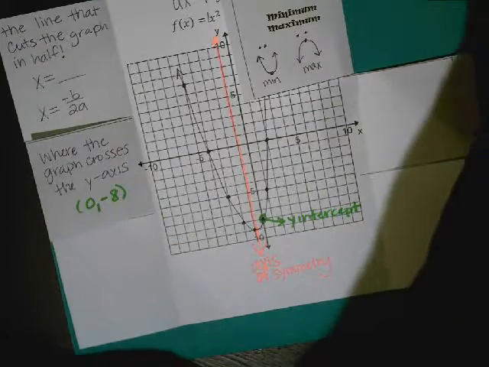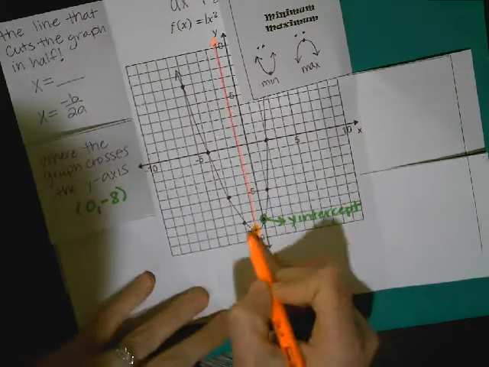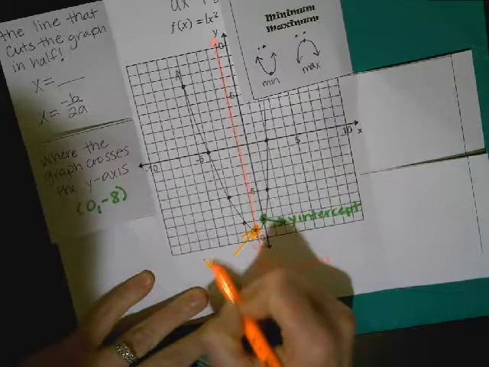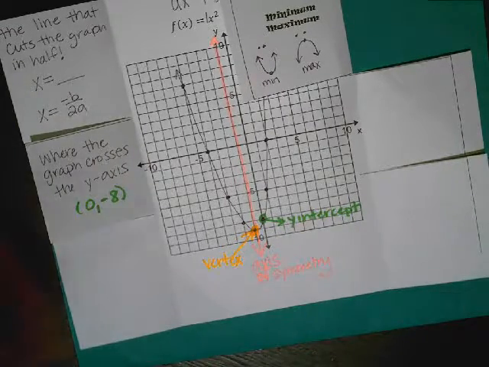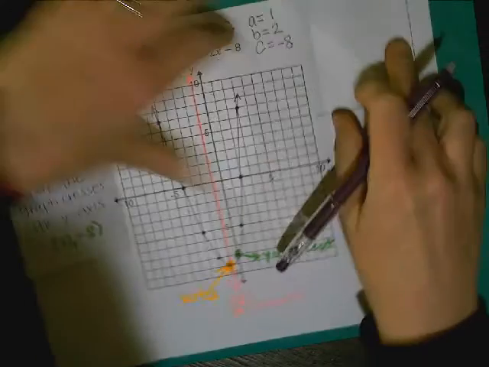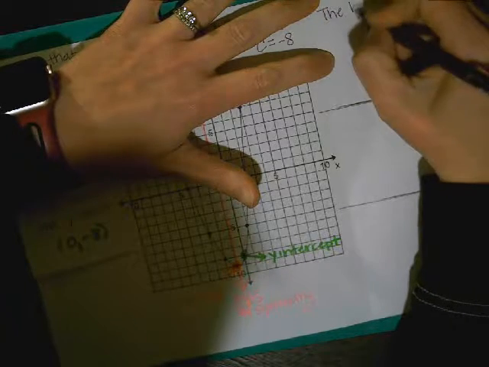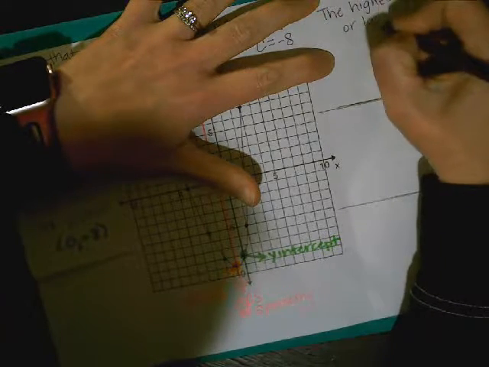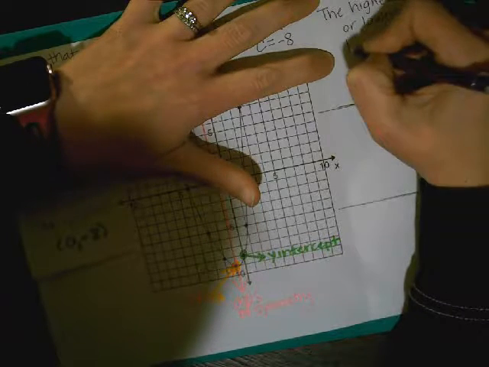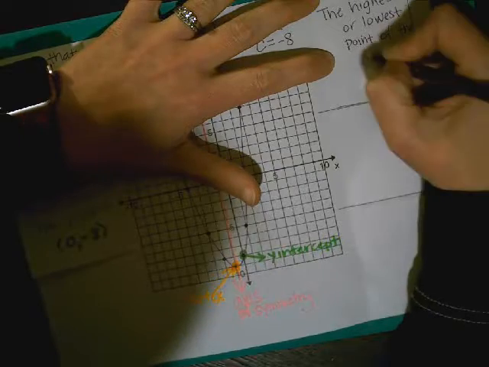Alright, so on our graph, our vertex is going to be down here at the bottom. I'm going to color that one orange. So my vertex is right here. Vertex. Okay. And inside we're going to say the vertex is the highest or lowest point of the graph.